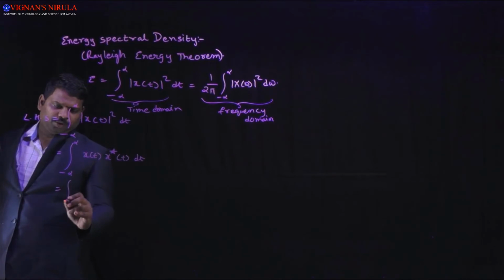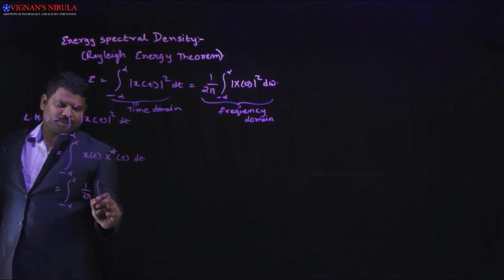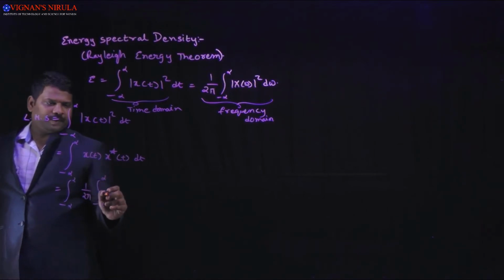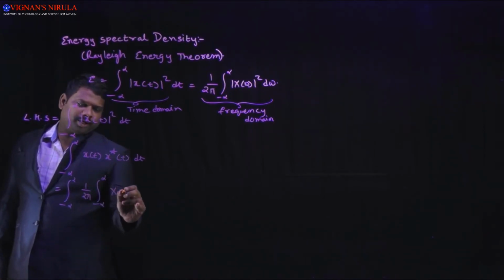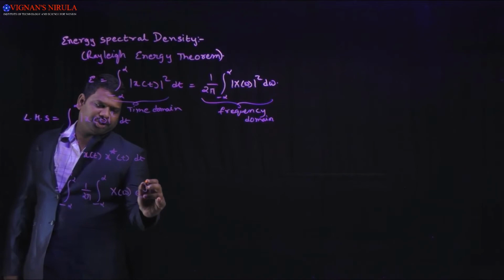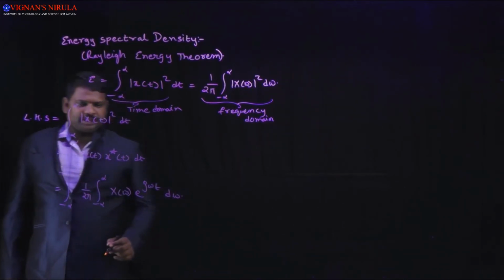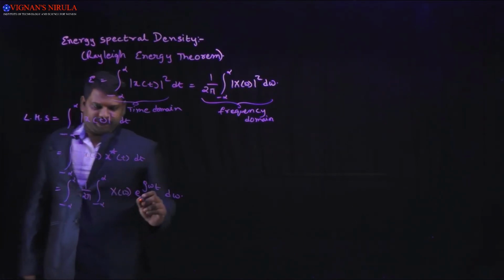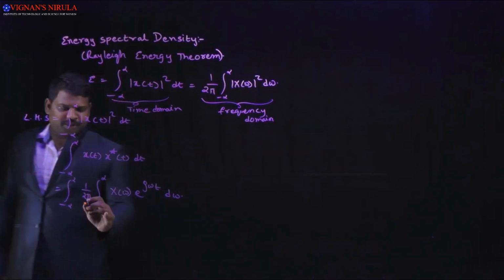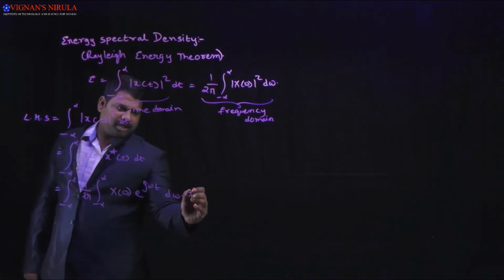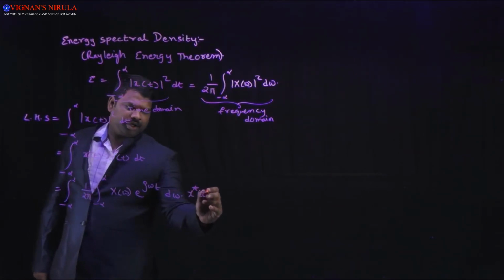Then it is equal to the integral from minus infinity to infinity of 1 by 2 pi times the integral from minus infinity to infinity of X of omega e power j omega t d omega, which is from the inverse Fourier transform expression, and the x star of t dt.